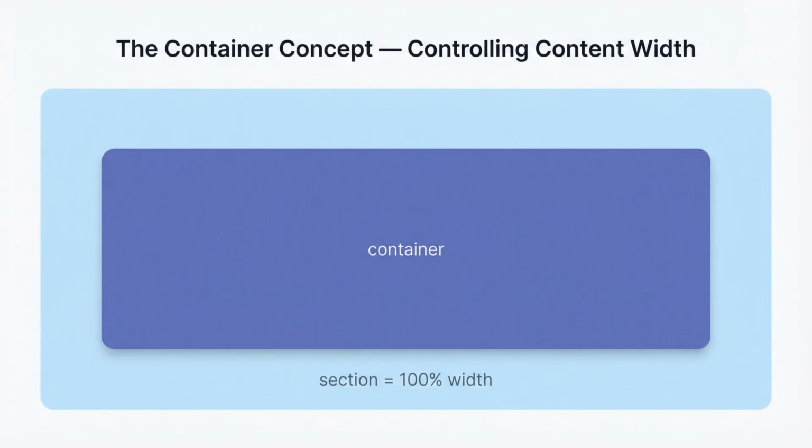Here's an important concept, the difference between a section and a container. The section spans the full width of the page, 100%, but we don't want our content stretching wall to wall. So inside the section, we create a container div that has a fixed percentage width, say 86%, and center it using margin auto. This creates the visual side gaps you see on professional websites.